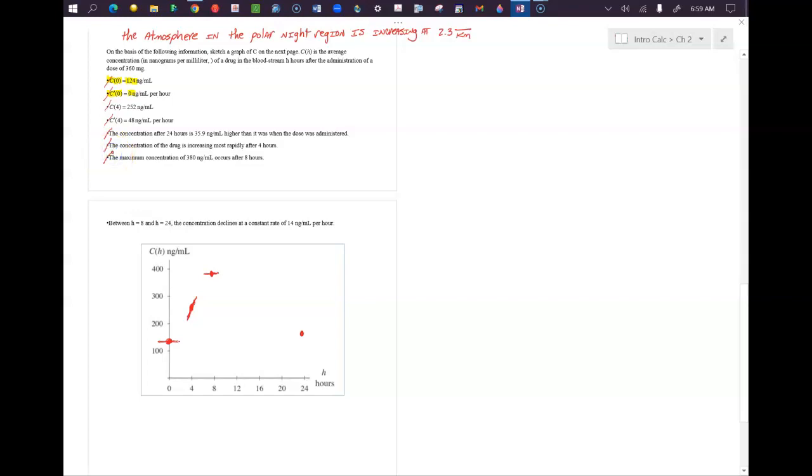And then the last bullet item, between h equal 8 and h equal 24 hours, the concentration declines at a constant rate of 14 nanograms per milliliter. In other words, the derivative there is negative. And since we know where it ends up, we can basically say, oh yeah, we're going to draw in a bunch of tangent lines that have the same slope.